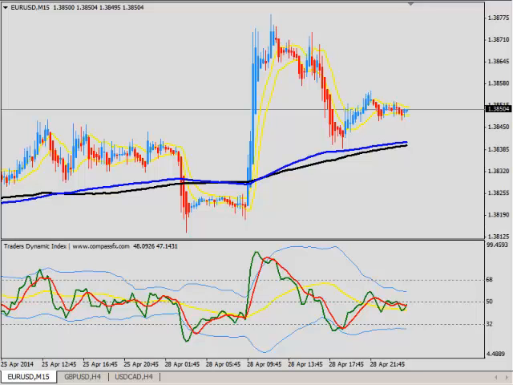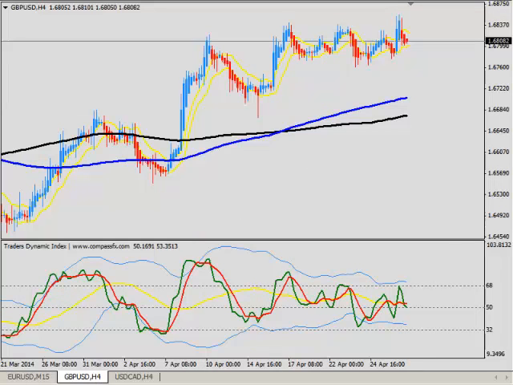You can see that even more evident when we take a look at the pound. Going over to the pound on the 4-hour chart, something I want to point out to you here is the direction the 200s are going, whether it's the exponential or the simple: the direction is to the upside. And notice that price is moving up, but our Traders Dynamic Index with the lower highs is suggesting divergence, suggesting downward action.